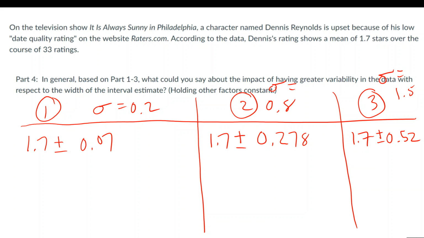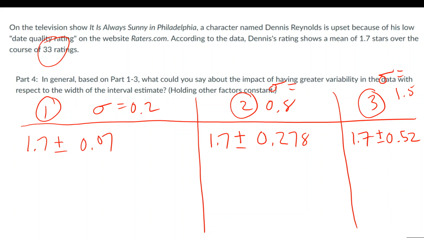And this variability, now we're just translating into the distribution of the sample means. We get that variability, the standard error, by taking the population standard deviation, 0.2 in number 1, 0.8 in number 2, 1.5 in number 3, and dividing that by the square root of the sample size each time. And that got us the margin of error.